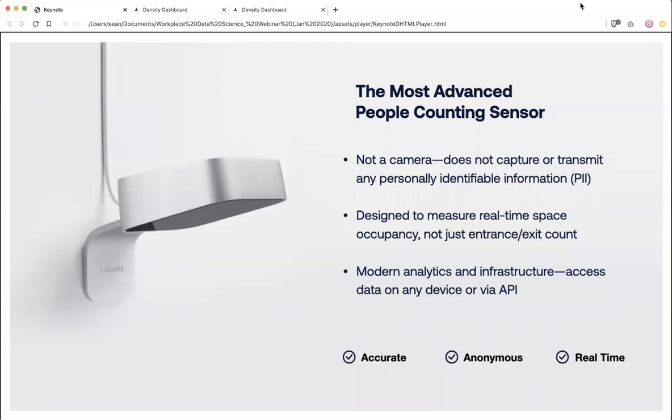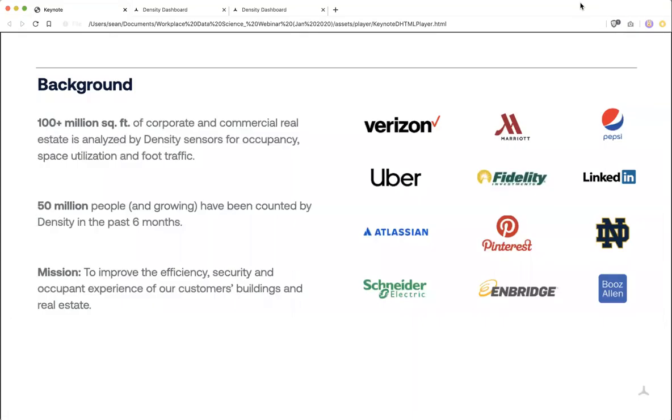So some of the big clients that we serve, we have very large corporate real estate, we have different universities, and we have different players from different types of organizations, but with a real focus on workplace.